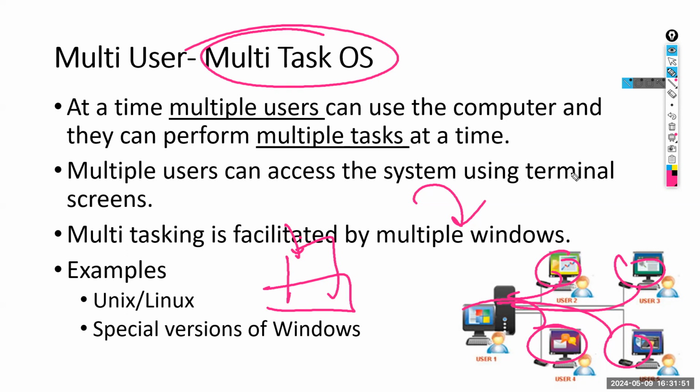Still, multiple command lines can be opened and multiple programs can be run. And different users can log into the same system by using other terminal servers, because you need a dedicated screen. Okay, right. So that is what is known as multi-user multitasking OS.